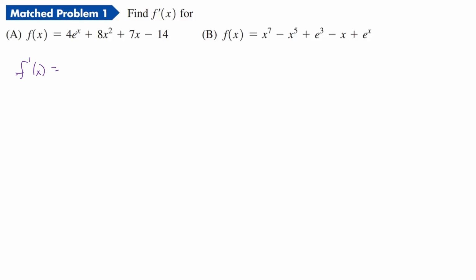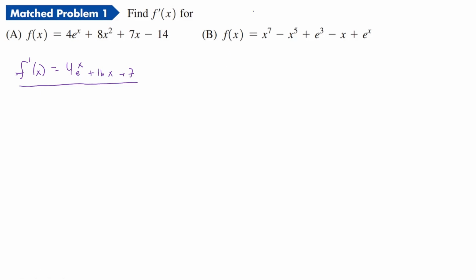Remember, the derivative of e to the x we just proved is e to the x, so that's 4e to the x. Now we can take this power, bring it down, multiply it by 8, so it's going to be plus 16, power one less, x. That's a 1 times 7, so that's going to be plus 7. x goes to the 0 power, so that's just going to be 1, and that goes to 0. So that then is our derivative.